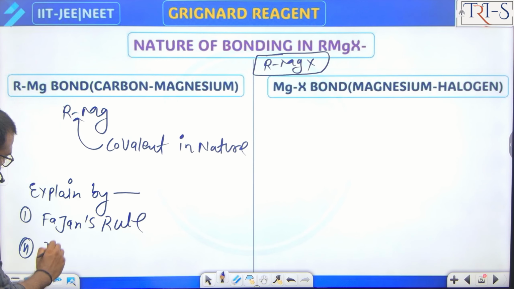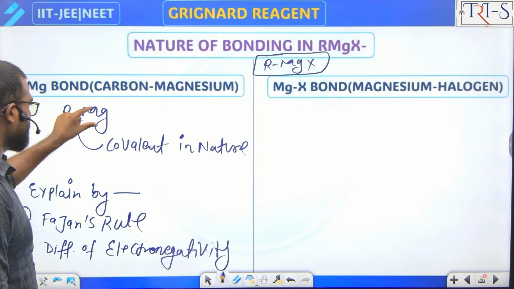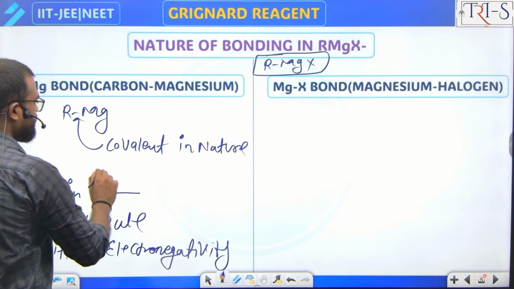When we apply both concepts, we will find that the nature of the bond present between carbon and magnesium is covalent in nature.